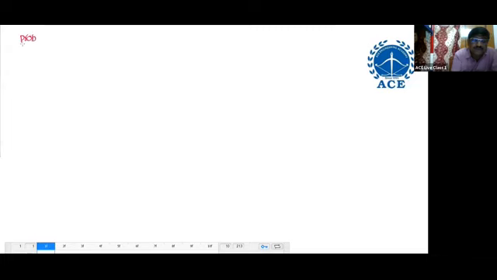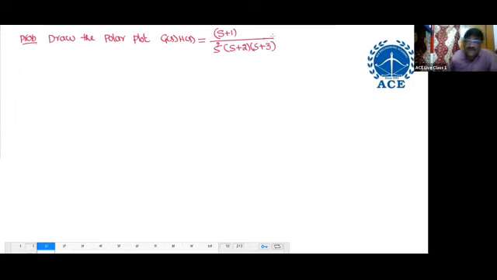Draw the polar plot for G(s)H(s) equal to (s plus 1) by s square into (s plus 2). Come on, do it.